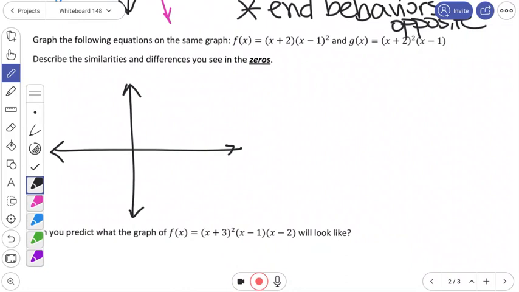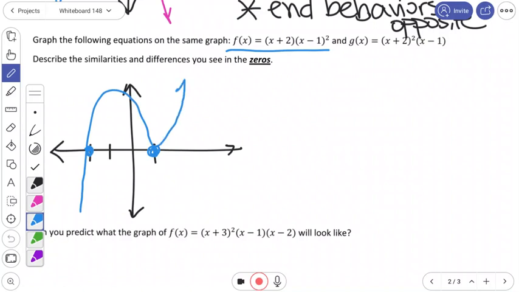I know that I have x-intercepts at -2 and +1. So if I graph f of x right here, I have an x-intercept at -2 and +1. So what does that graph look like? Well, it's going to go something like this. And we're just going to pretend like I can draw well, but this is what our sketch is going to look like.